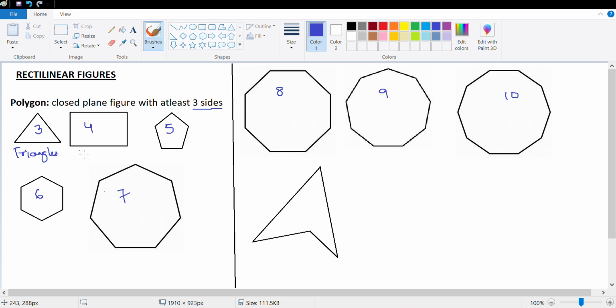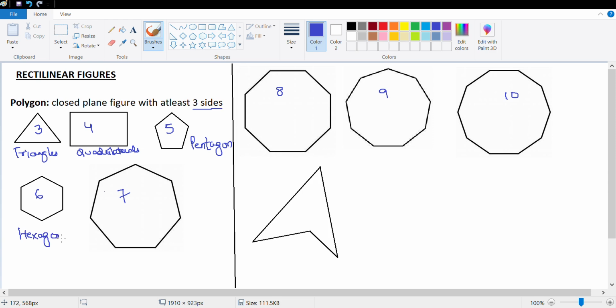Next, four-sided figures are known as quadrilaterals. We have different kinds of quadrilaterals: rectangle, square, rhombus, trapezium, kite, and many more. With five sides is known as a pentagon. With six sides is known as a hexagon.